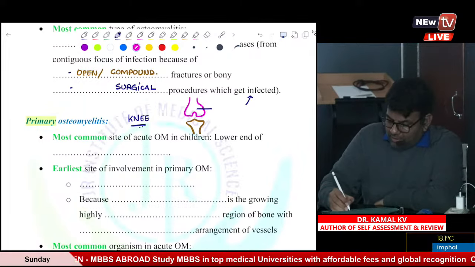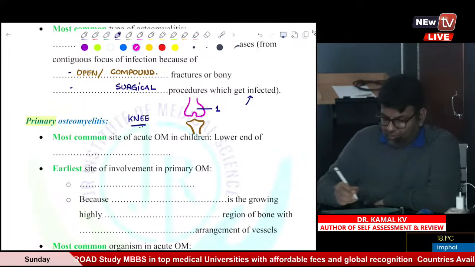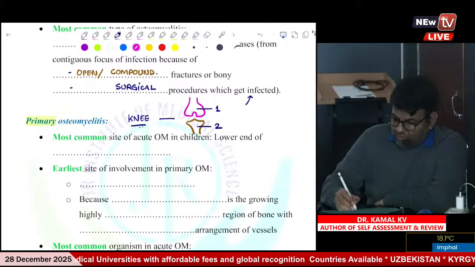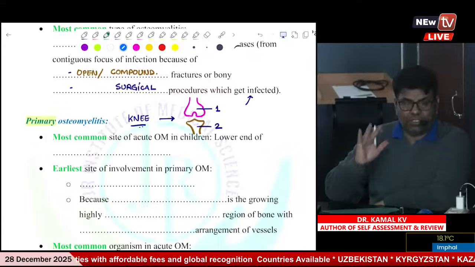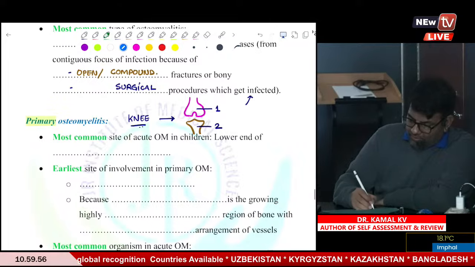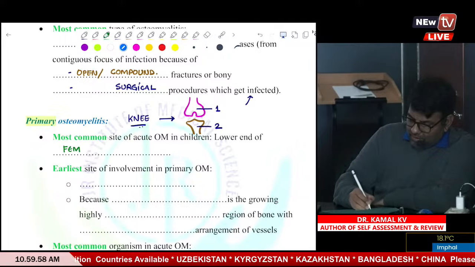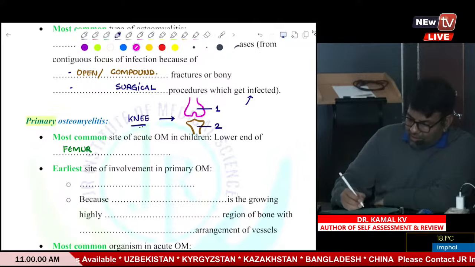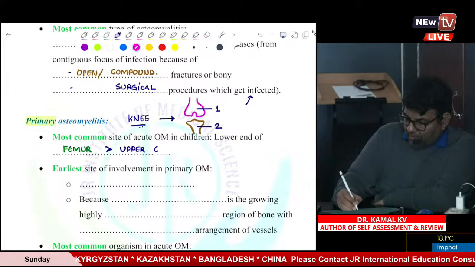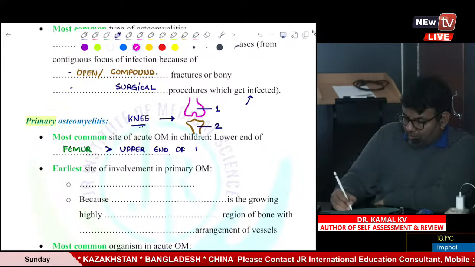So number one is the lower end of femur and number two is the upper end of tibia. So the knee joint is the usual joint which is affected, and if we talk about bones, the lower end of femur is number one, followed by the upper end of tibia. Very good.